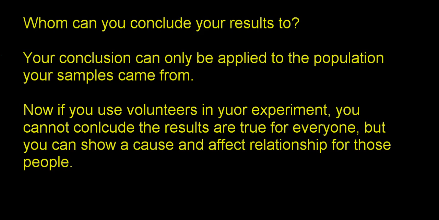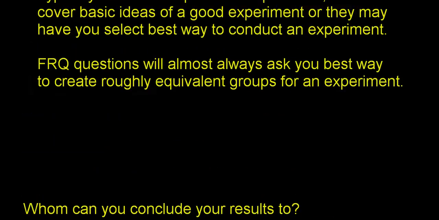So the problem is that, if you really want to do a good experiment, you have to collect a random sample from all around the world. And those people have to be willing to do it, which is another problem. And then you have to conduct the experiment. Then you could say that it's a true cause and effect relationship for everybody around the world. So usually experiments are really precise. They're only for small groups of people that they're focusing on.